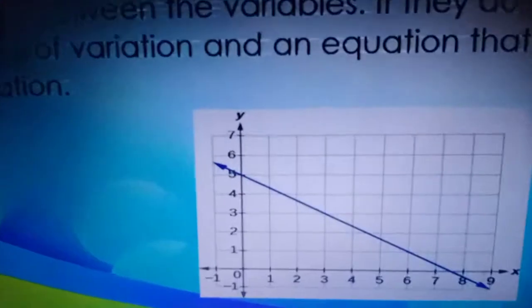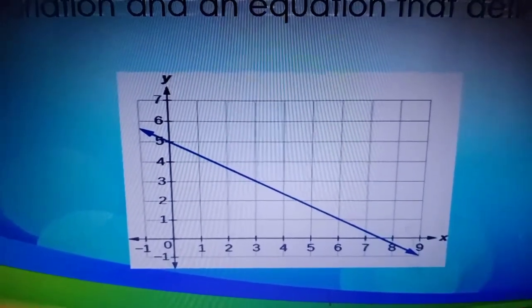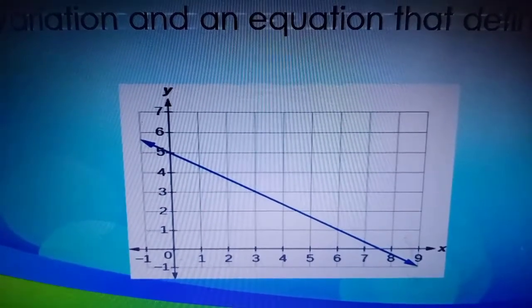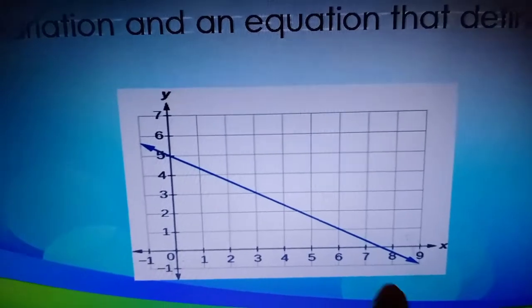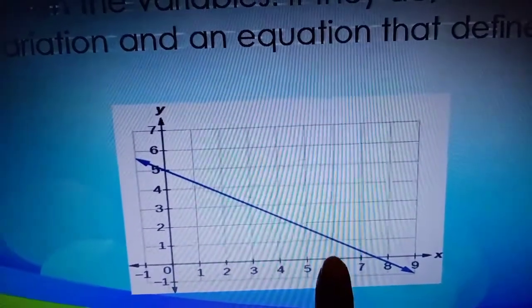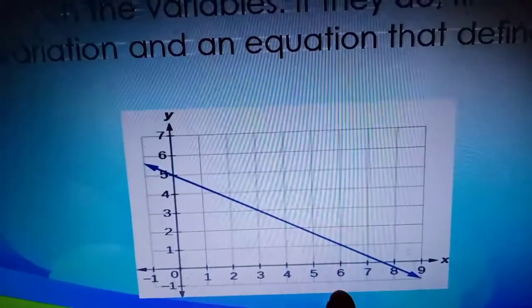Here's another one. So let's get a set of ordered pairs. I think we can have it from 6 and 1, so that's 1, 6.